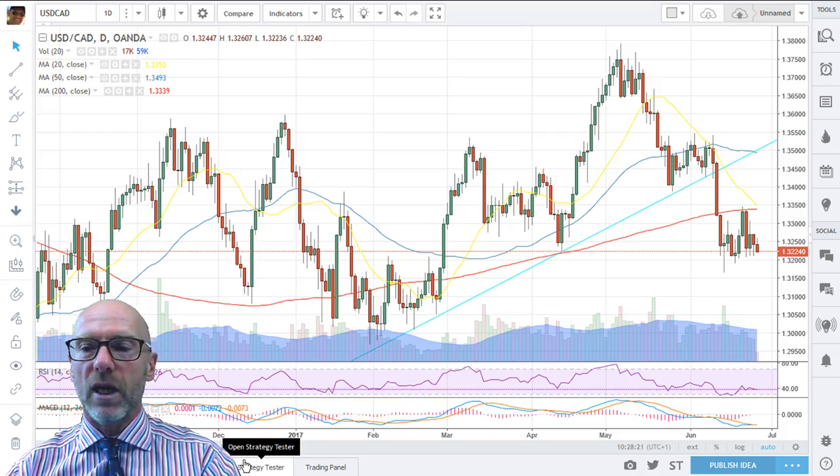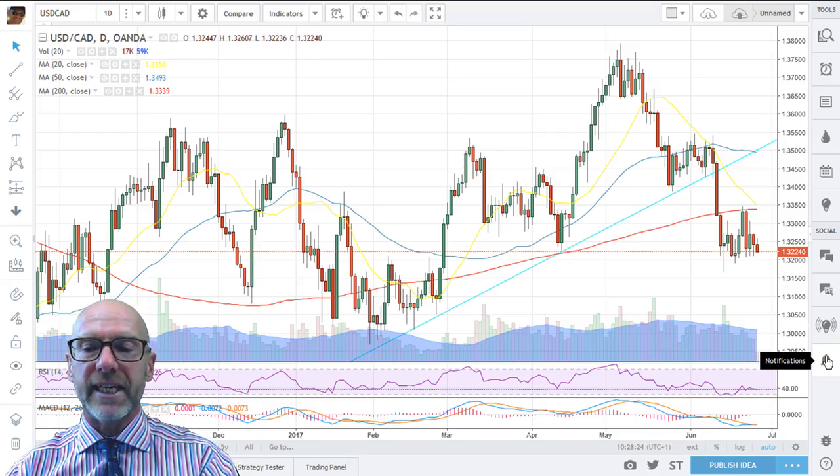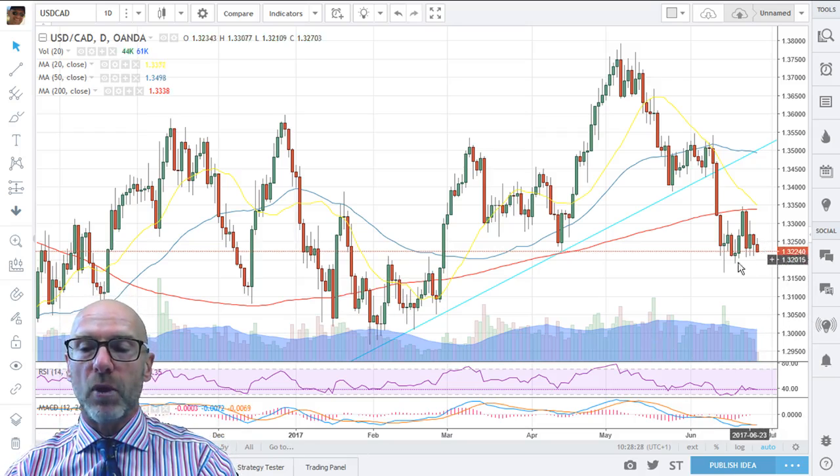Okay, so here we are as usual on the daily, and you can see that we're pushing towards the bottom of this very short term flag that we've been experiencing on the downside for the last maybe 2 weeks.